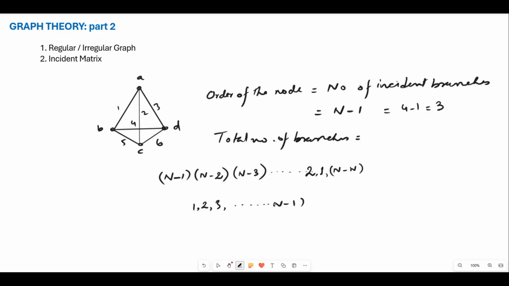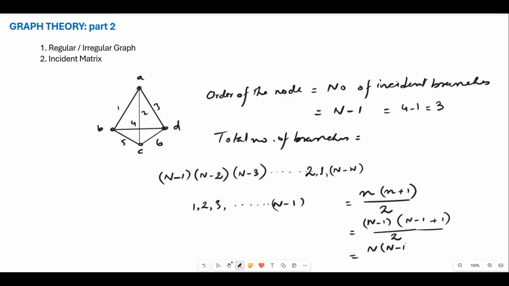We already know the formula for the sum 1, 2, 3 up to n, which is n into n plus 1 divided by 2. Now, if we put the value, in our case, n is replaced by n minus 1, so it will be (n minus 1) into (n minus 1 plus 1) divided by 2. Finally, the total number of branches will be given by n into n minus 1 divided by 2, where n is the number of nodes.